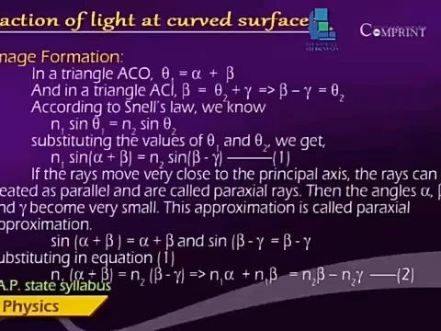Sin(alpha plus beta) is equal to alpha plus beta and sin(beta minus gamma) is equal to beta minus gamma. Substituting in equation 1, n1 into (alpha plus beta) is equal to n2 into (beta minus gamma), which implies n1 alpha plus n1 beta is equal to n2 beta minus n2 gamma, equation 2.